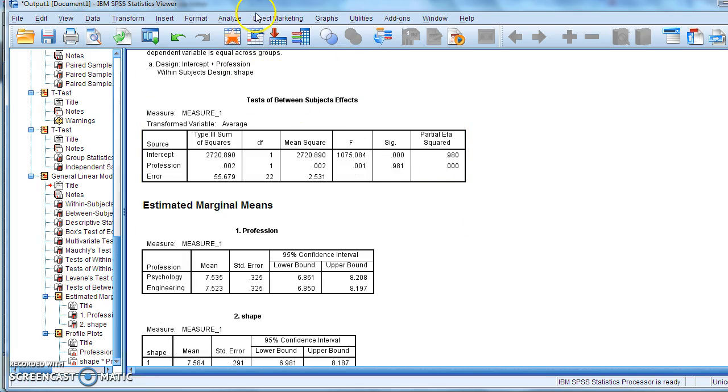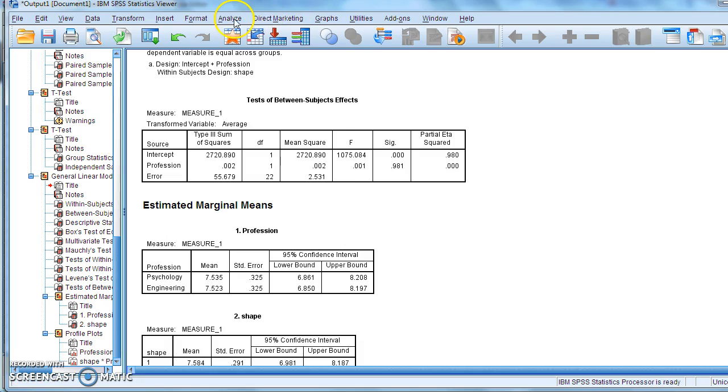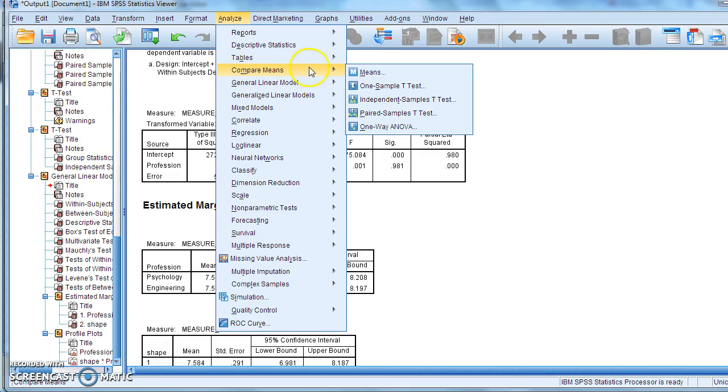So what we want to do now is look at the simple effects. We want to see whether there are any significant differences between the individual data points. We're doing pairwise comparisons for each of the possible combinations, so that'll be 4 pairwise comparisons. We go to Compare Means, and we'll do the within subjects one first.